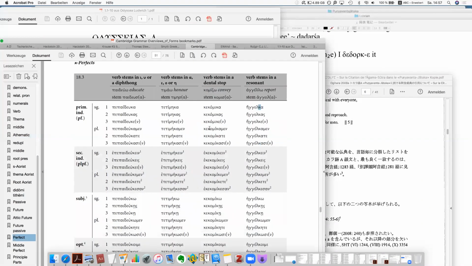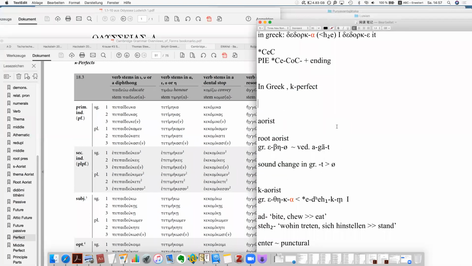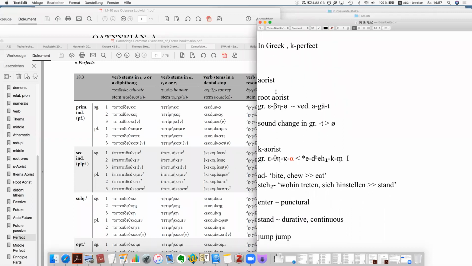In order to explain this, we checked the aorist first. In Greek we also have a k-aorist. This K element you put between the root and the ending, so you have ethika.